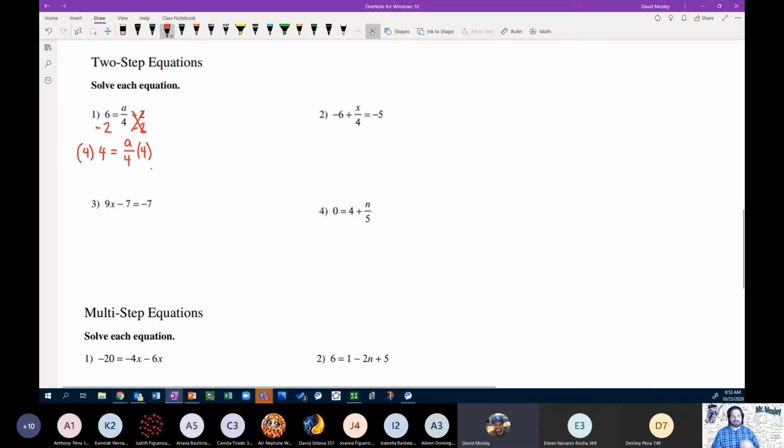Multiplying by 4 is the opposite of dividing by 4. That's why I'm choosing to multiply. I need to get rid of that division, right? So that cancels out the division by 4, leaves me with a. 4 times 4 is 16. We get a equals 16.